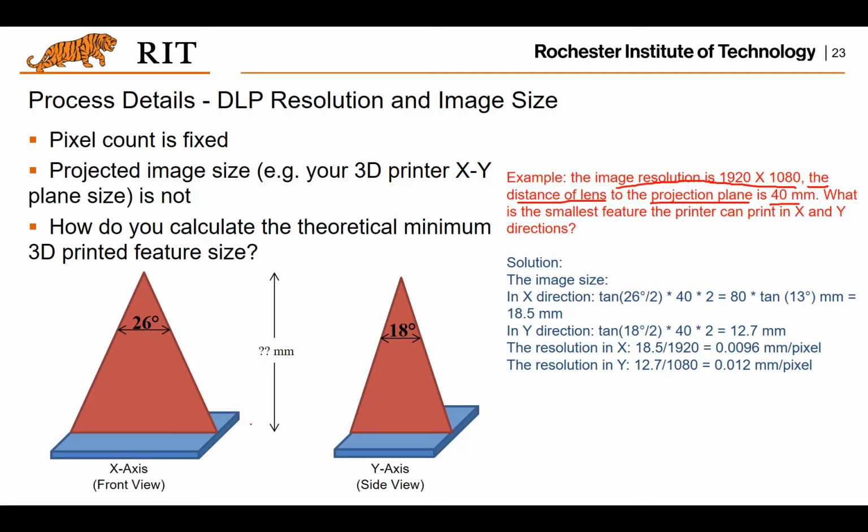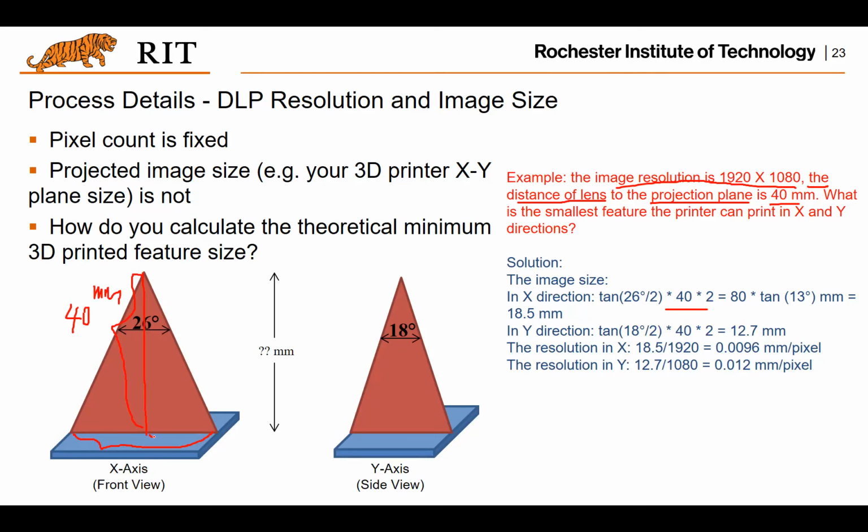In the X-axis, you want to compute what this length will be. You already know the distance from the lens to the projection plane is 40, which means this one is 40 millimeters.